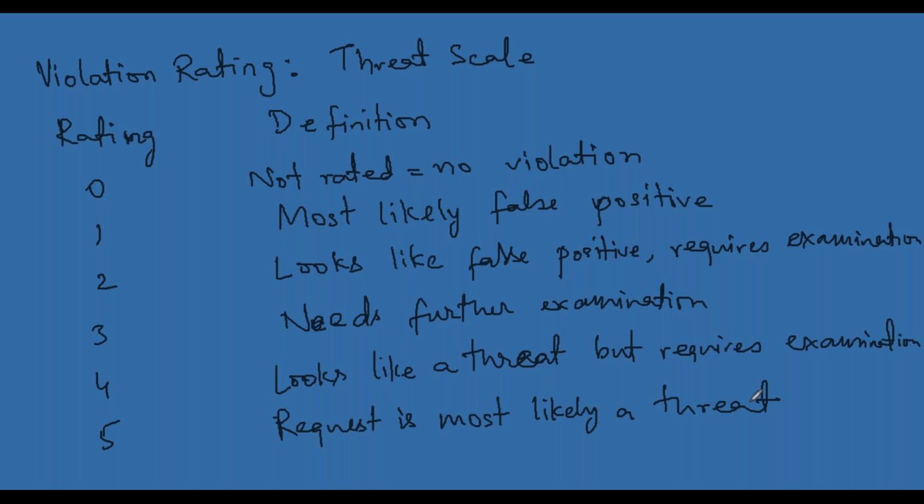When we are reviewing the event logs, we will find different options or different icons with respect to the violations, something like this icon, this icon, or just a flag, and on top of this you will get a rating scale as well. All this you can see in the event logs.